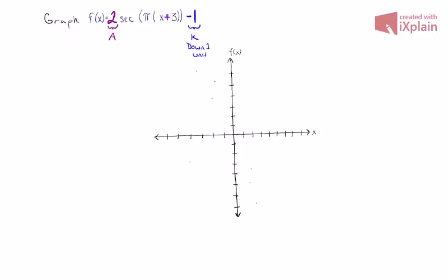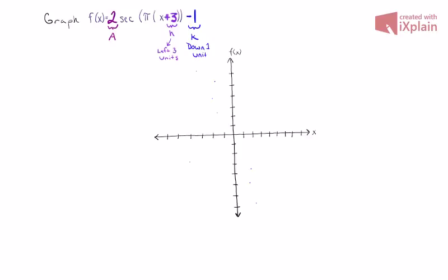So I see that I have a +3 next to my input variable. And this is going to tell me what my horizontal shift is. And again, since it's inside, we want to remember that this is referring to a phase shift. So this is telling me that I'm going to move to the left 3 units.